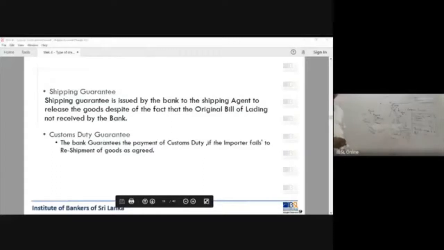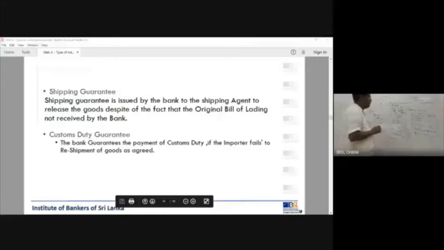There's another set of documents which comes in the ship, through the shipper, the shipping agent. We call those documents copy documents, right? Originals have not come.